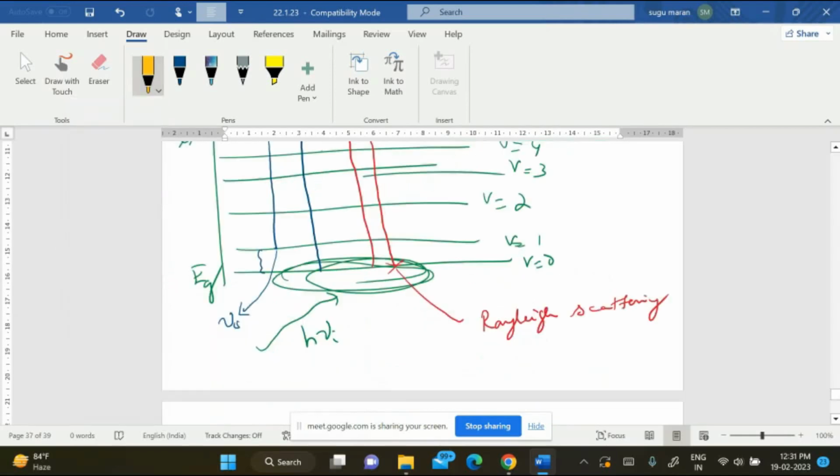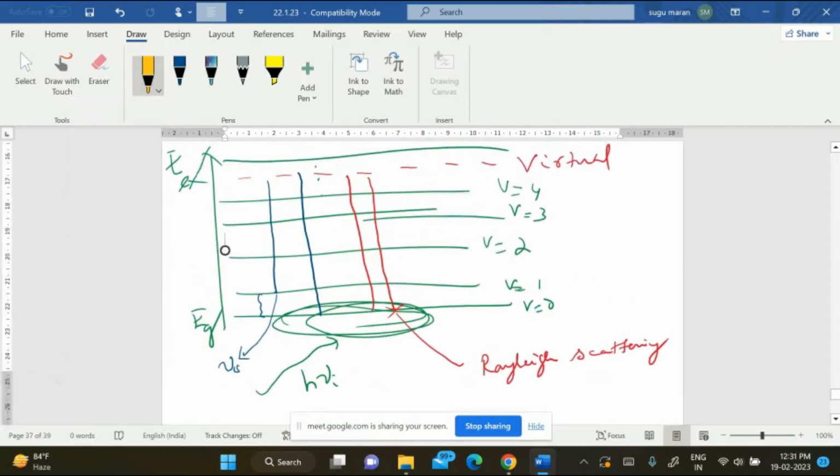If the molecule which is at a higher vibration energy level absorbs the photon, goes to a virtual state, and scatters and returns to a lower vibration state, here the photon gains energy.